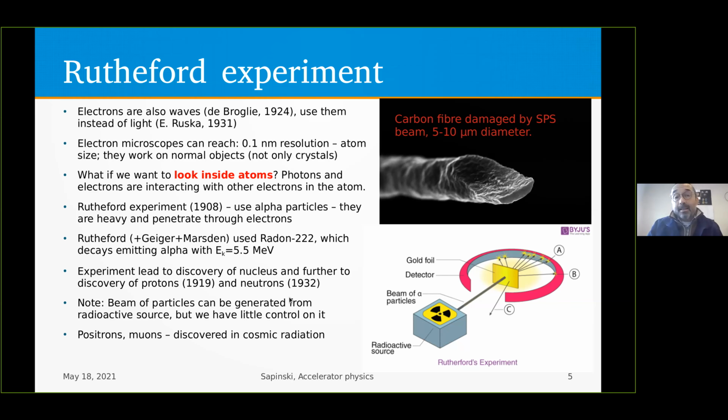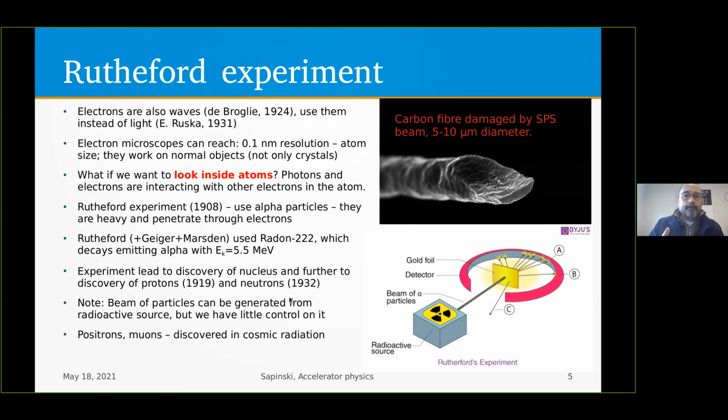And actually in 1924, a PhD student, Louis de Broglie, a French physicist, proposed the so-called wave-particle duality. In this proposal, he says that electrons in certain conditions can behave like waves. If they can behave like waves, we can use them as a light, because light is a wave, and therefore we can reconstruct images using electrons.